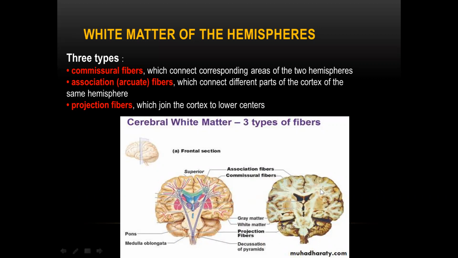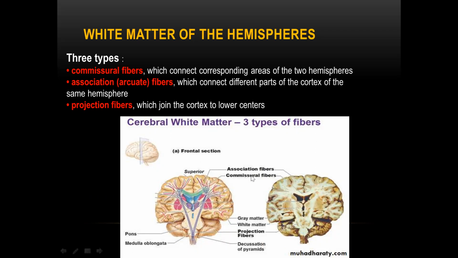Commissural fibers connect the corresponding areas of the 2 hemispheres, like the corpus callosum. Association or arcuate fibers connect different parts of the same hemisphere. Projection fibers join the cerebral hemisphere to the lower centers of the brain.